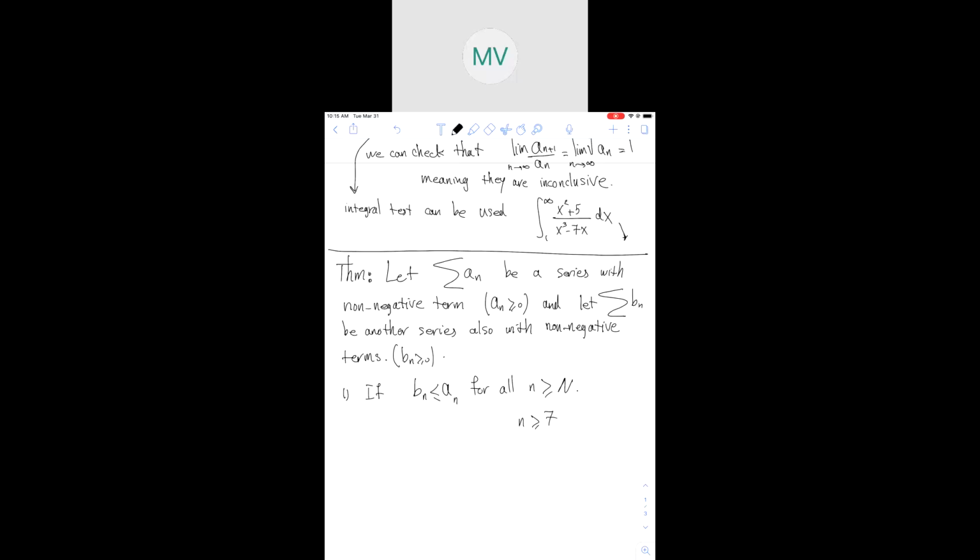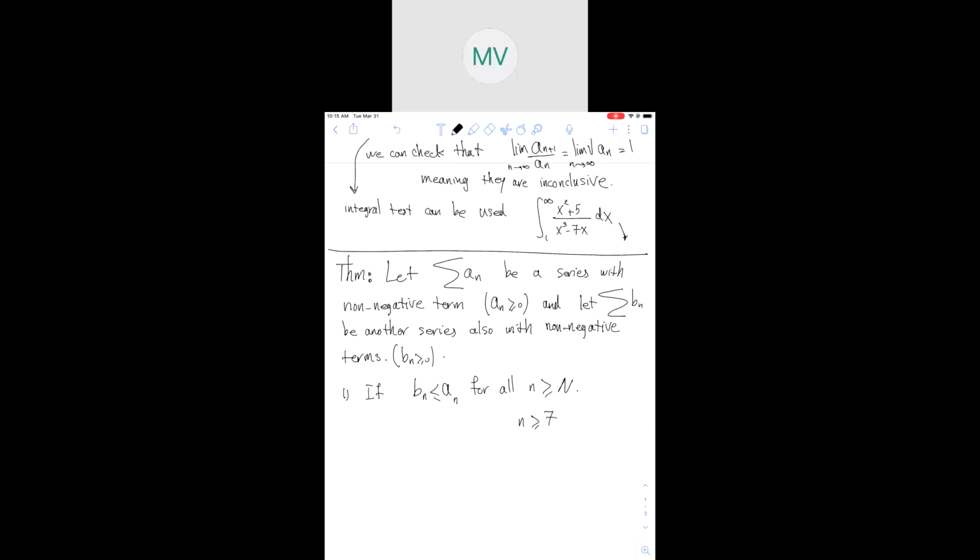That means we don't need this inequality for b naught, b1, b2, all the way through b sub 6 with a naught, a1 and a sub 6. It doesn't matter. What matters is that after index 7, all the b sub n's are less than or equal to a sub n, okay? Basically, the first few terms are not going to affect the behavior of a series. That's the meaning of this statement.